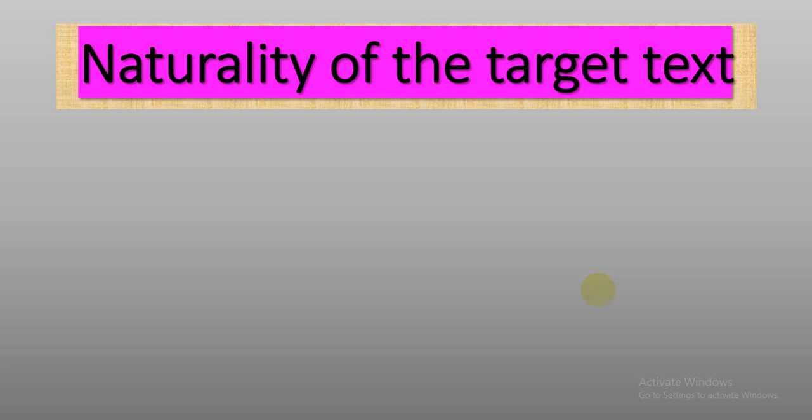After you're done with comparing your translation with the source text, how to make your text sound appropriate and acceptable in the target language, whether you are translating into Arabic or from Arabic.